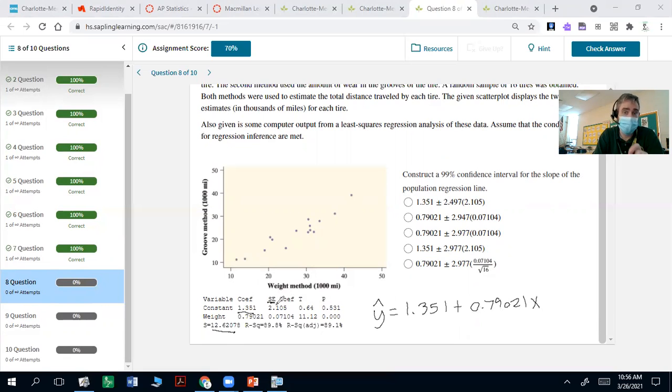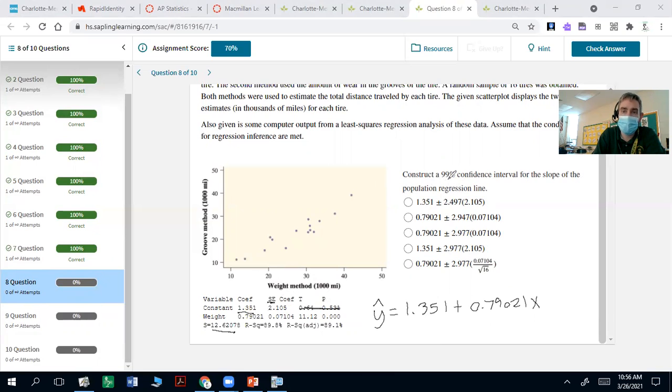So this is what it is actually called, the standard error of the y-intercept, standard error of the slope. And then here are some other numbers, T and P. So if you were to run a test, you would get a T test statistic and a P value. Typically, we do tests on the slope, not the y-intercept. So you're not likely to ever use these 2 numbers, but you will probably use these numbers.